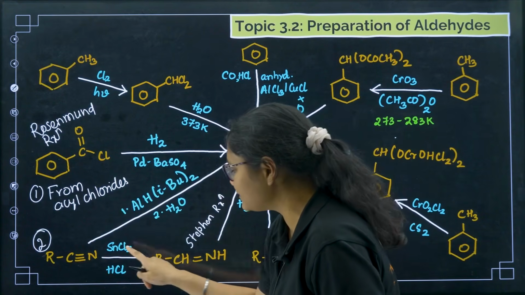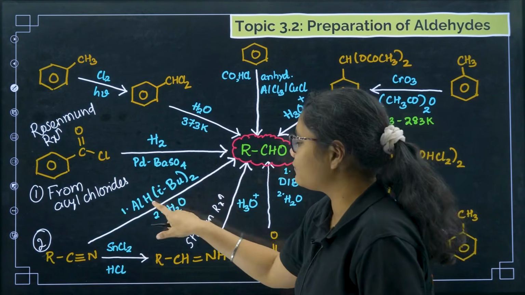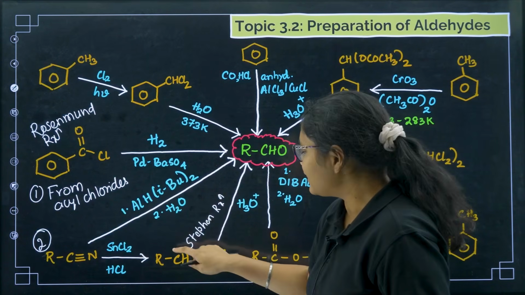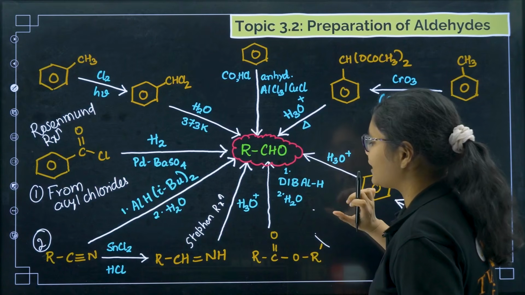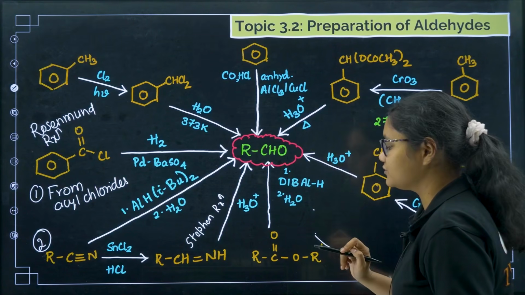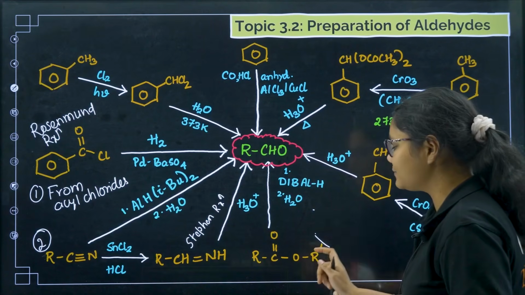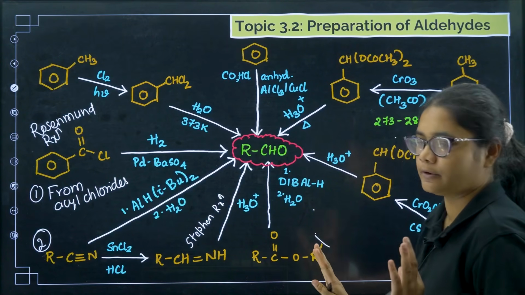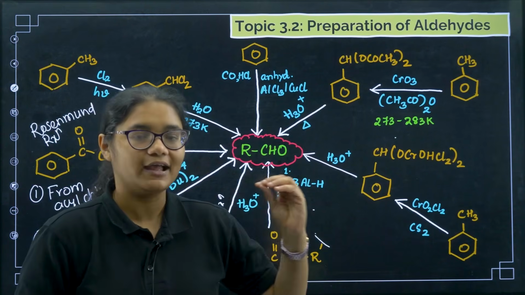So using nitriles you have two methods, one is Stephen reduction and another is DIBAL-H. The other compound is esters. From esters also, by using DIBAL-H and water, you can convert esters to aldehydes. Okay, so that is the second method, from nitriles and esters.